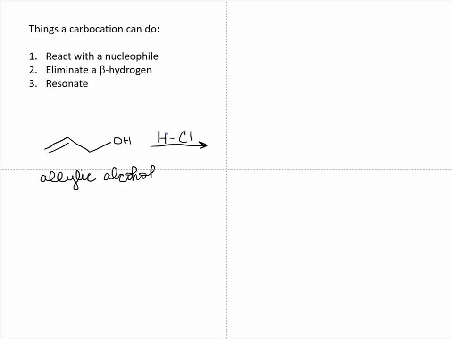When an alcohol sees an acid, it gets protonated. The protonation turns the hydroxide into a really good leaving group, water.